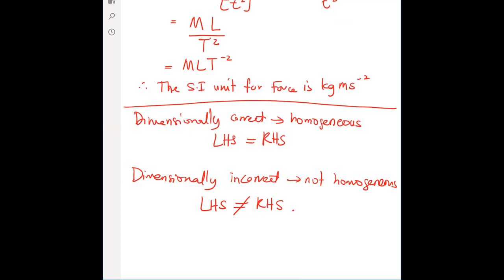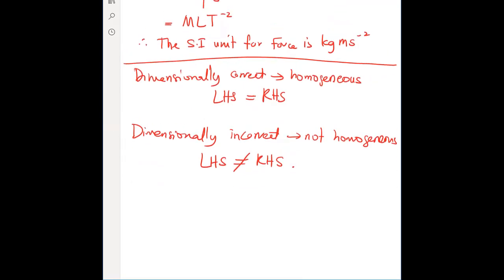Okay, let's look at one example. Let's say you have the equation 2s equals 2ut plus at square. We are actually quite familiar with this equation.